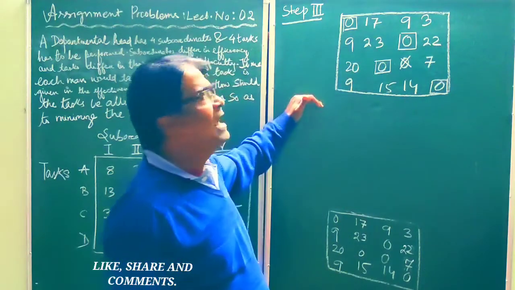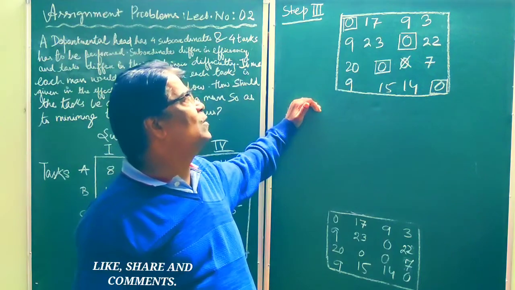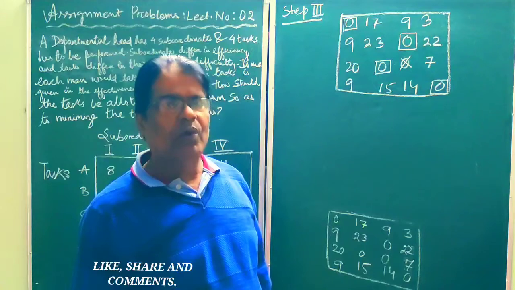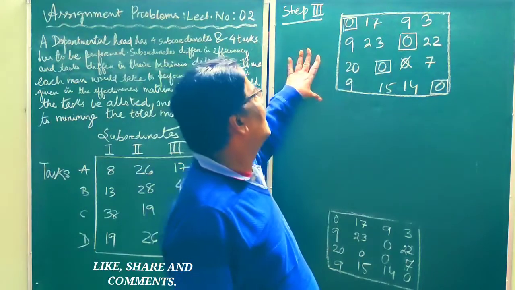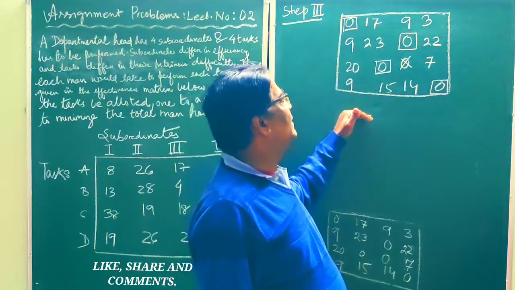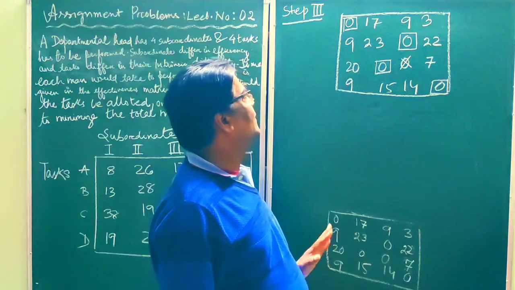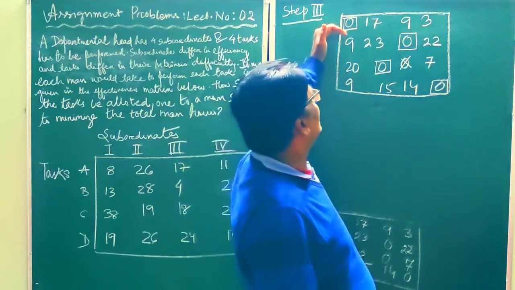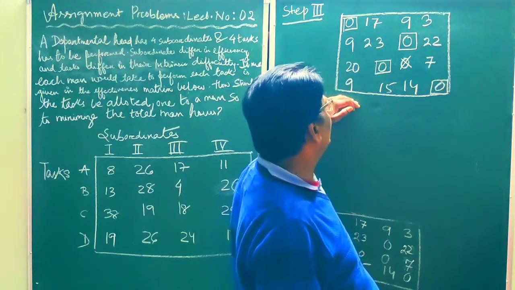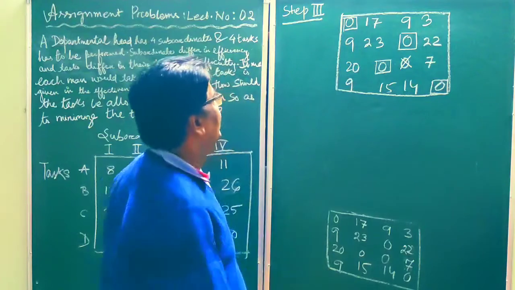So we get a complete optimal 0 assignment, and no 0 is left. All the zeros available here are either assigned or crossed. So we have a 0 assignment in the first row, second row, third row and fourth row. We are also having 0 assignment in each column.